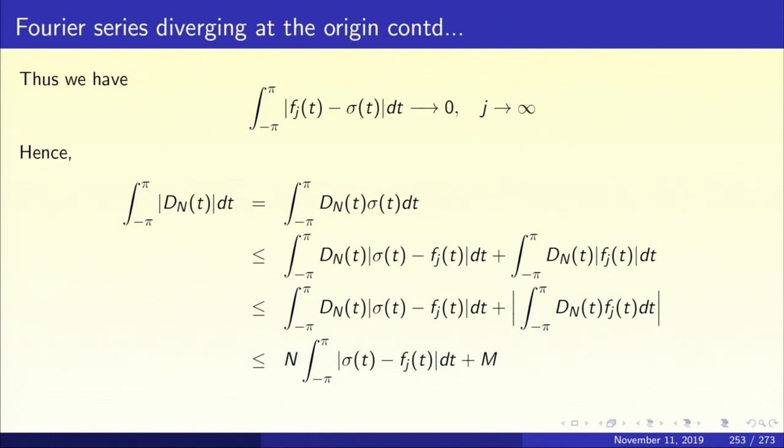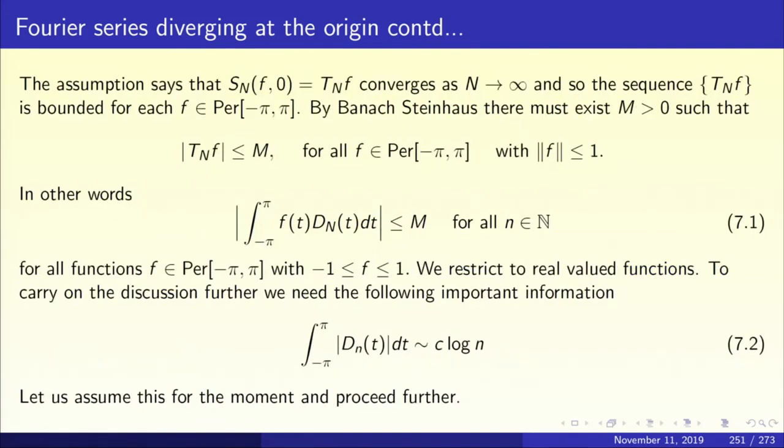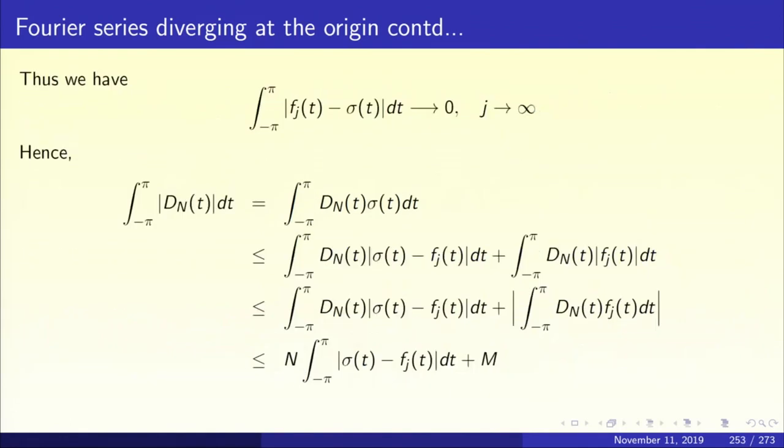So we get that is less than or equal to integral minus pi to pi dn(t) into mod sigma(t) minus fj(t) dt plus mod integral minus pi to pi dn(t) fj(t) dt. But the second piece is less than or equal to m because of 7.1. The fj(t)'s are continuous and they vanish at the endpoints and they have values supremum less than or equal to 1. So the second piece is less than m.